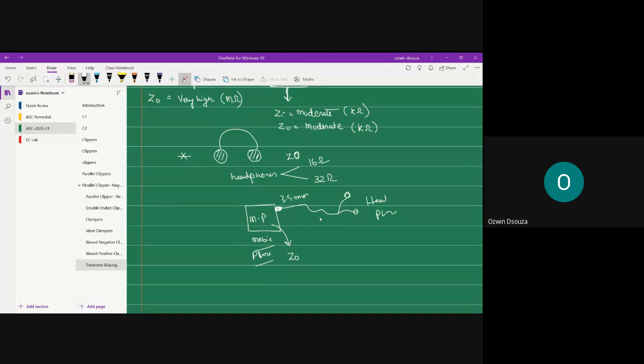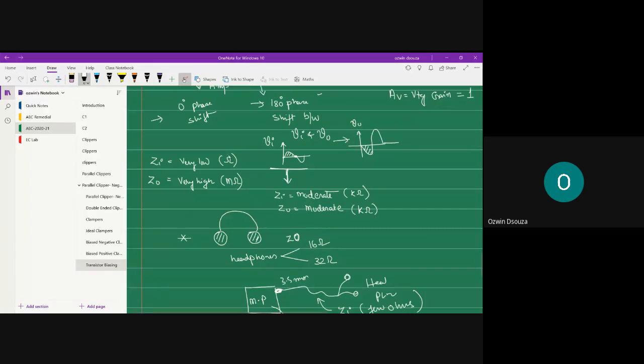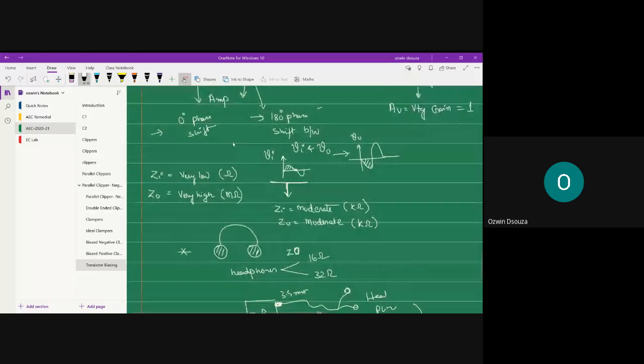Your headphone will also have some impedance value. I have already told you the impedance value of the headphone will be a few ohms, and the output impedance of the mobile phone's audio amplifier will be either mega ohm or kilo ohm, depending on which type of amplifier is used.